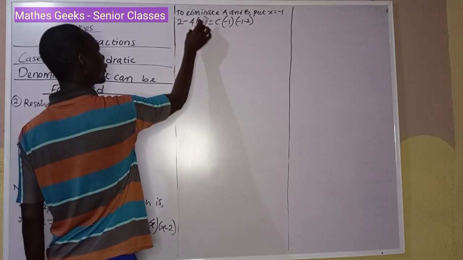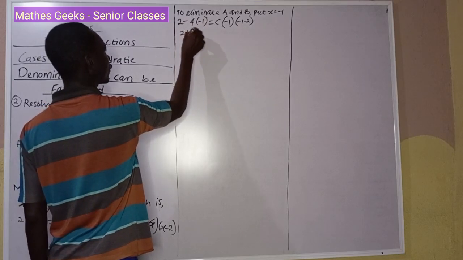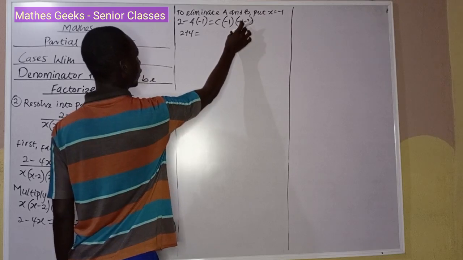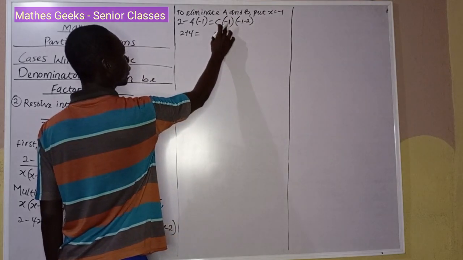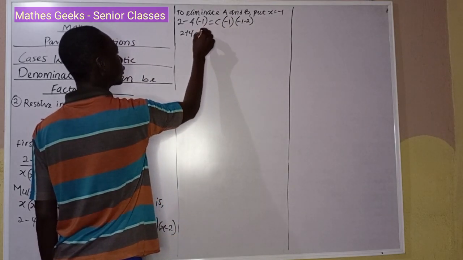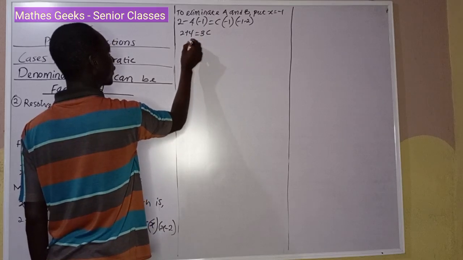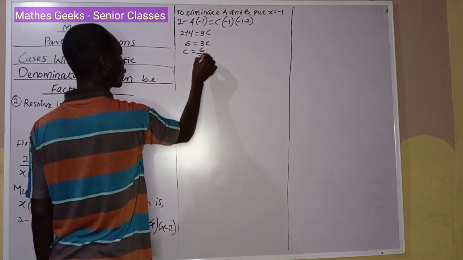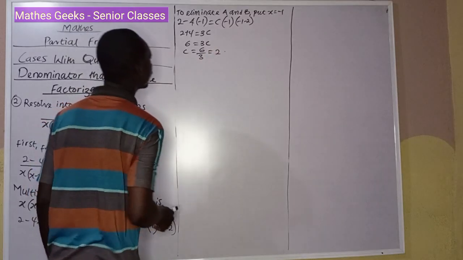So minus 4 times minus 1 will give us 2 plus 4 is equal to minus 3c, and 2 plus 4 is 6, so 3c. So c is equal to 6 over 3, that's equal to 2.